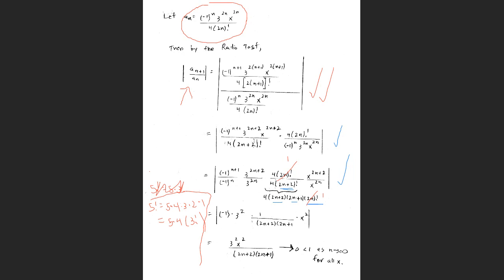And so now the ratio is equal to what you see here: the absolute value of -1 times 3 squared times 1 over 2n plus 2 times 2n plus 1, times the x squared.